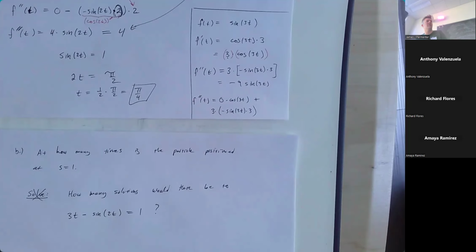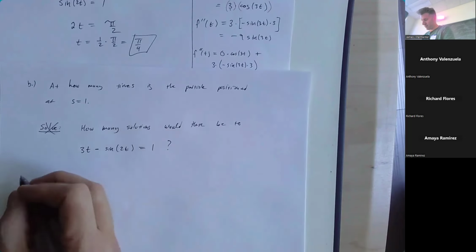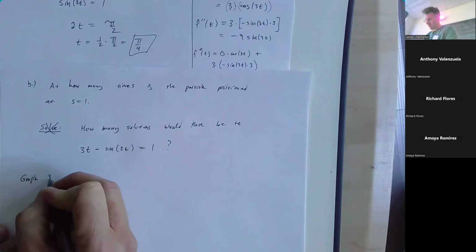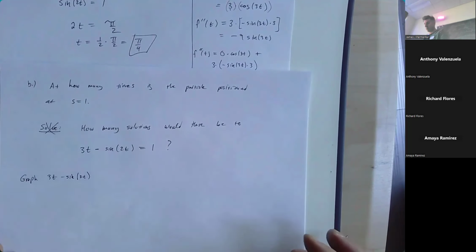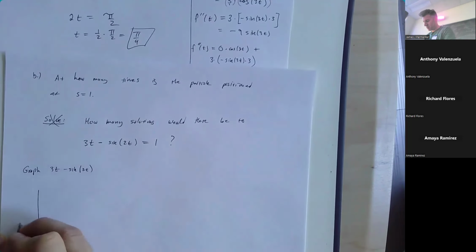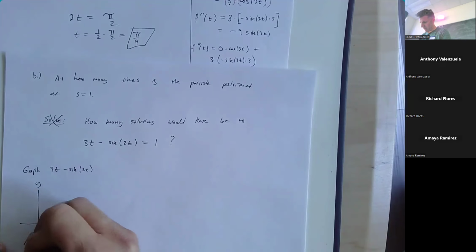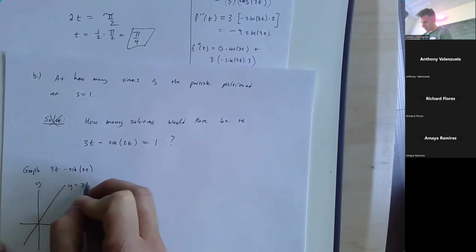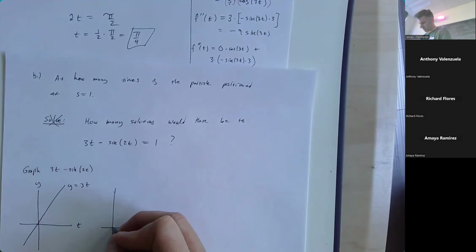That feels like a challenging question. Well, think about the graph. If I was going to try and graph 3t minus sine of 2t, here's what I know. 3t looks something like this, and sine of 2t looks something like this.